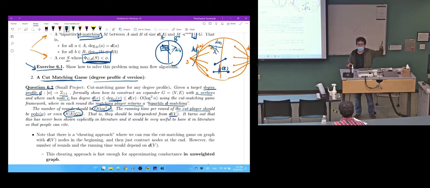It can be arbitrarily larger than n. But the number of rounds should still depend on n, the size of the graph, not the weight, basically. Yeah. So this should really be true, but it turns out that this is not in the literature. Yeah, it would be useful if someone wrote a note and published it, so that people can cite.